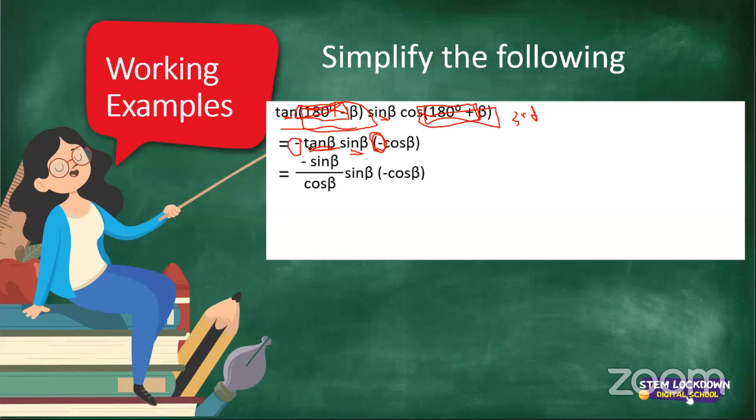We then change our tan function to a simplified sine over cos. This is one of the identities we learned in our classes as we were working through, and we find ourselves at minus sine beta over cos beta times sine beta times minus cos beta.